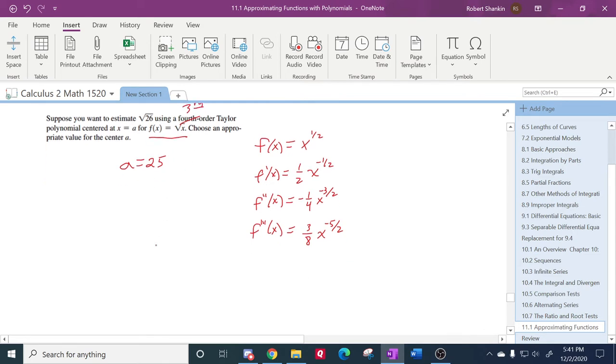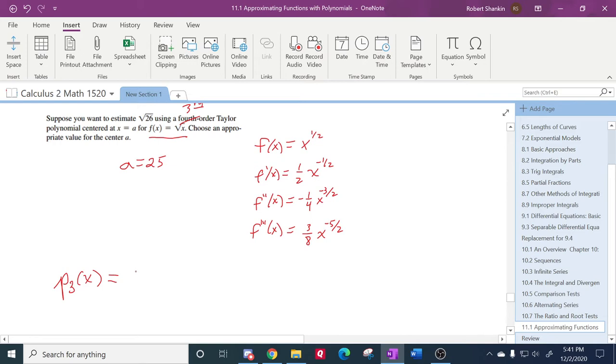And we would choose a being 25. This is really emphasizing how we tend to use the Taylor polynomial. We would not use the Taylor polynomial p3 of x centered at 0.